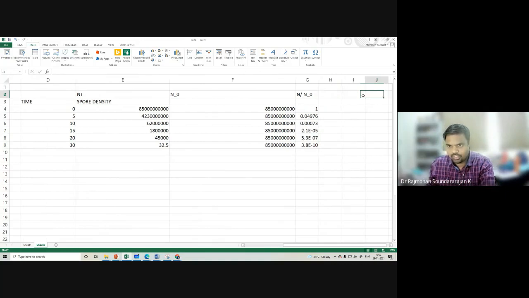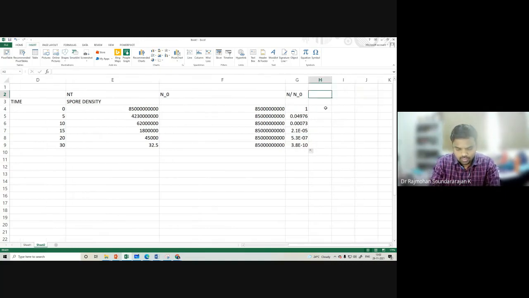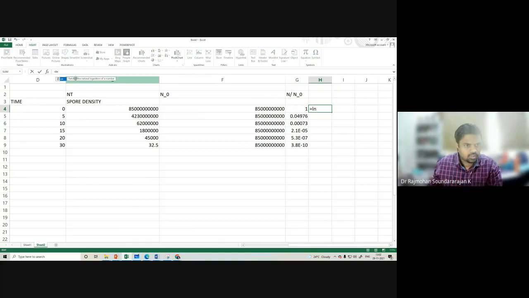Next, what to do? We have to take the log value of this, right? Natural log we have to take. Ln of this value is 0, right?